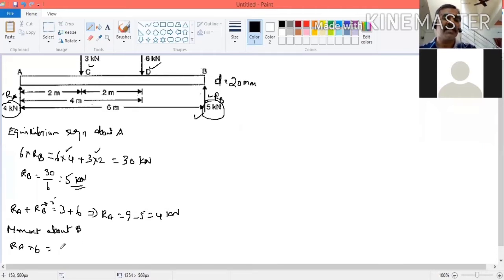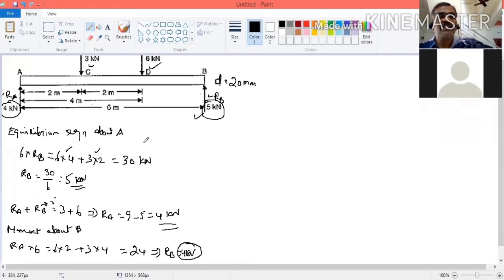So I am taking the right side, about this point. So what is this distance? This is also 2, totally 6. So 6 into 2 plus 3 into 4. 6 into 2, 12. 3 into 4, 12. 12 plus 12, 24. Then RB is equal to how much? It is 4 kilonewton. You can calculate the value by comparing forces or moment. Both ways you can calculate.